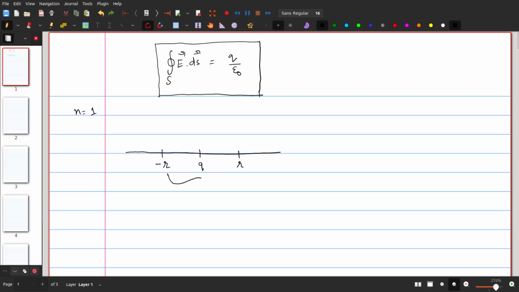This is our volume V, which is simply an interval of length 2r in one-dimensional space.